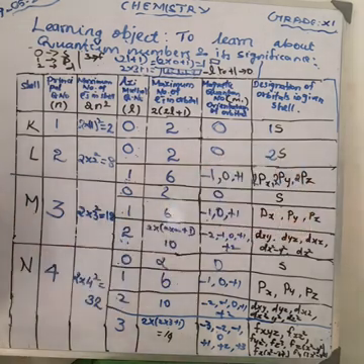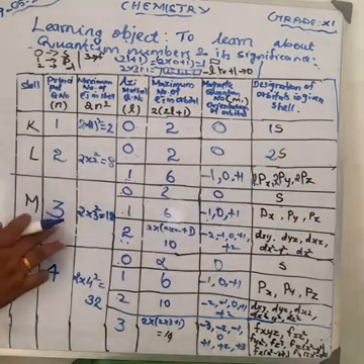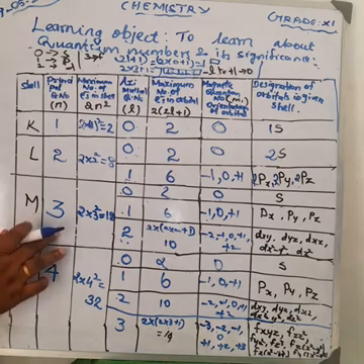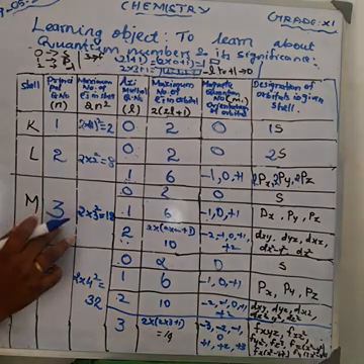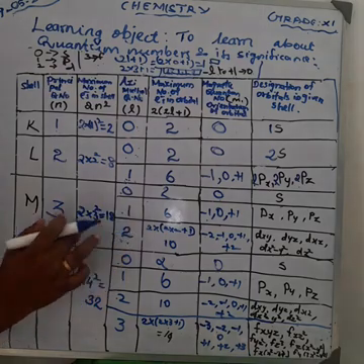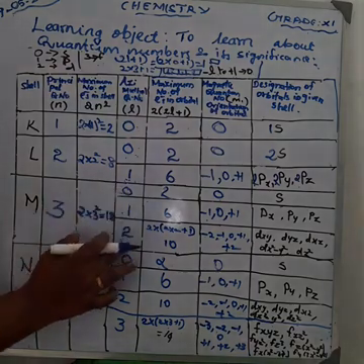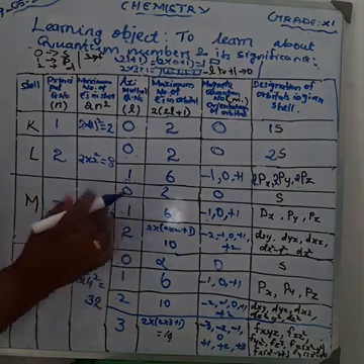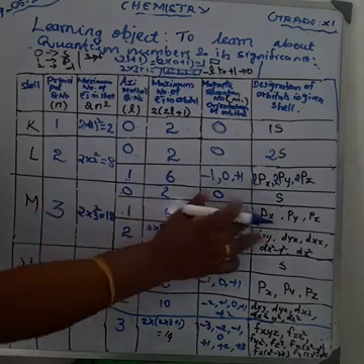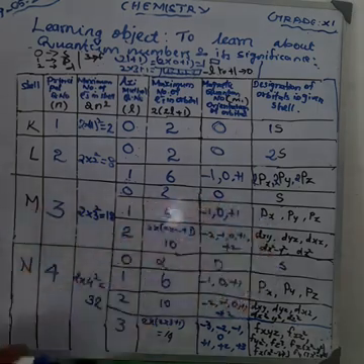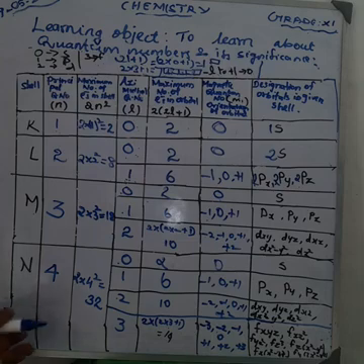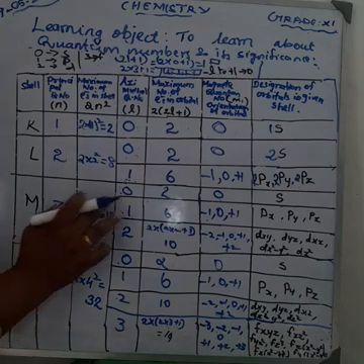Then the third shell, the M shell. How many subshells does it have? 3 subshells: S, P, and D. S subshell has only 1 orientation, P has 3 orientations, and D has 5 orientations.